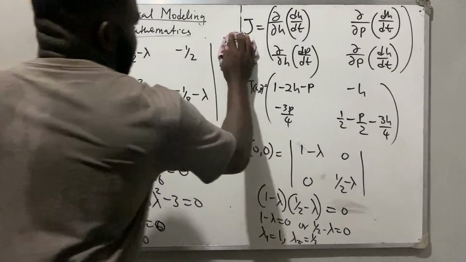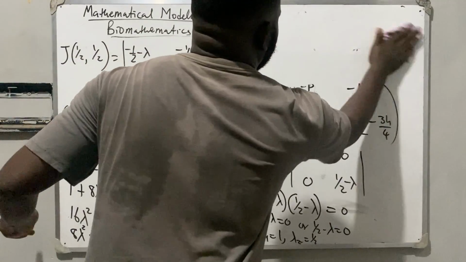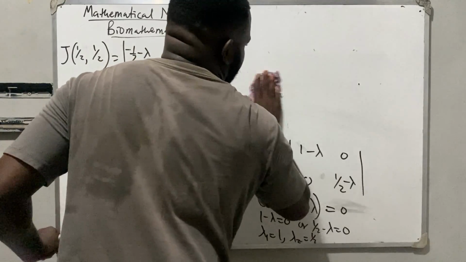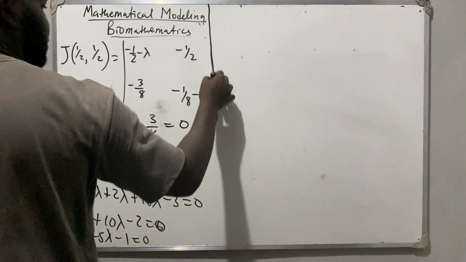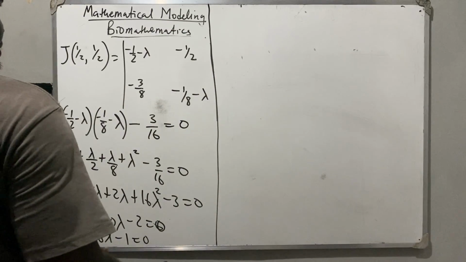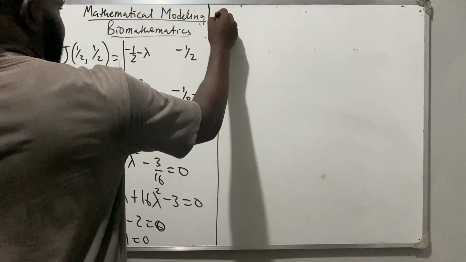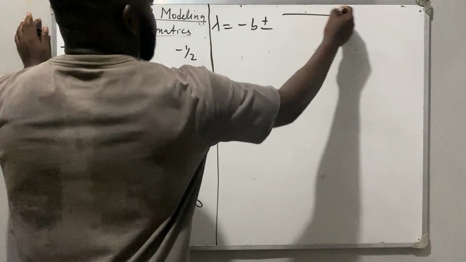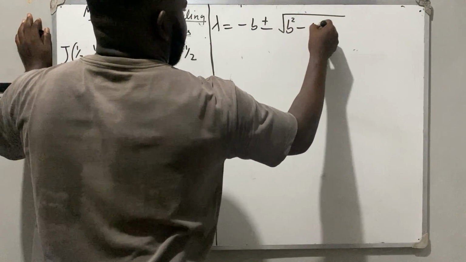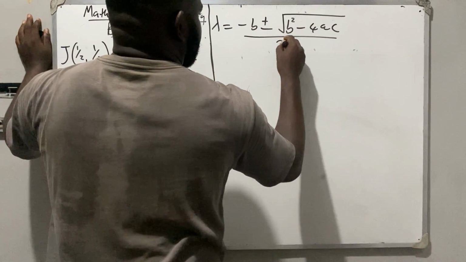And then let us now solve using our quadratic formula. So solving this using our quadratic formula, we are going to have that our lambda is equal to minus b plus or minus square root of b squared minus 4ac, everything over 2a.